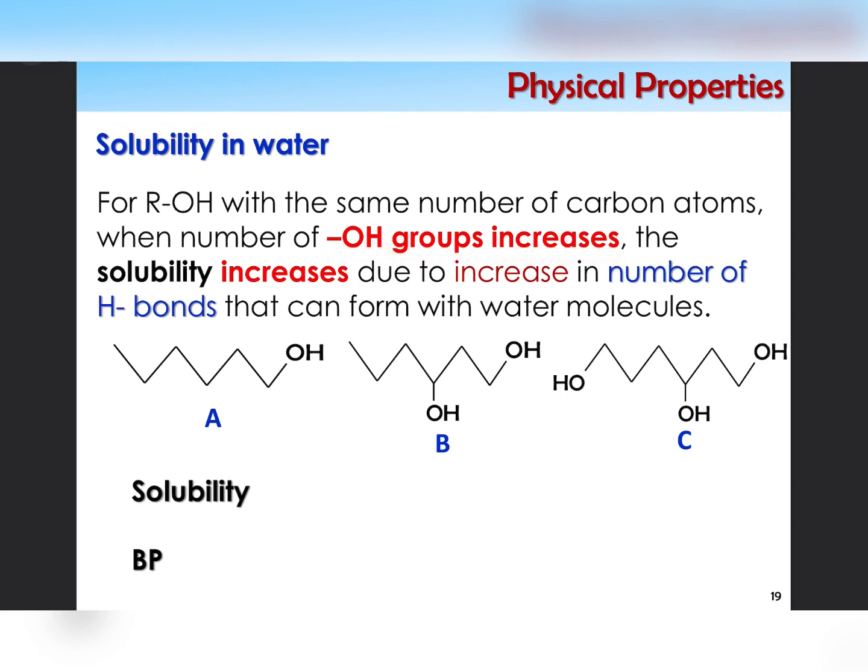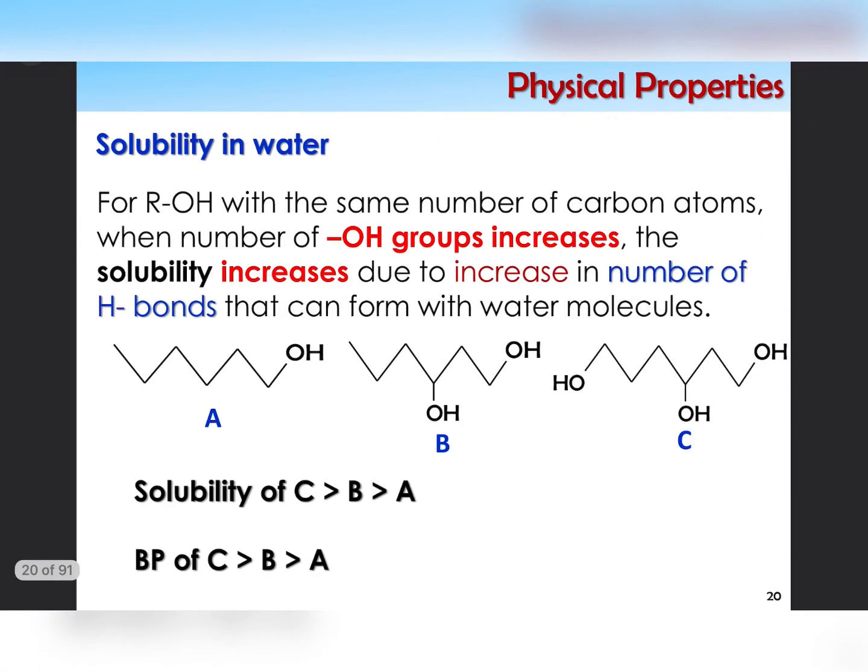So the most soluble adalah C lah, sebab dia ada 3 OH group, followed by B and then A. And then boiling point sama jugalah, because C yang paling tinggi boiling point because you have 3 OH group. So bila more hydrogen bond can be formed, you need more energy to overcome the strong forces. So susunan dia adalah begini.